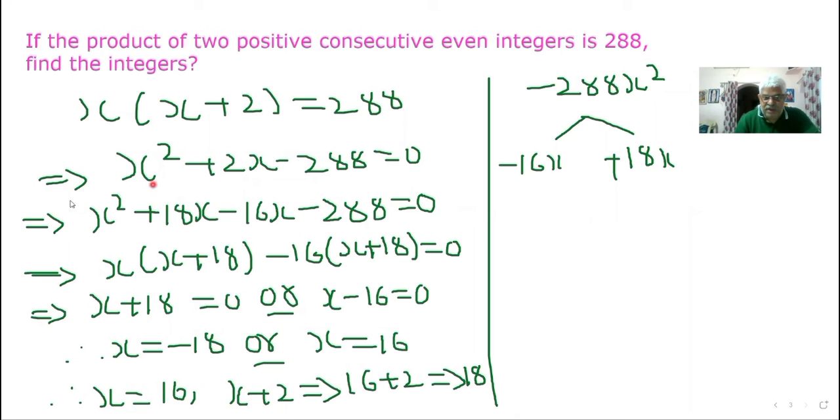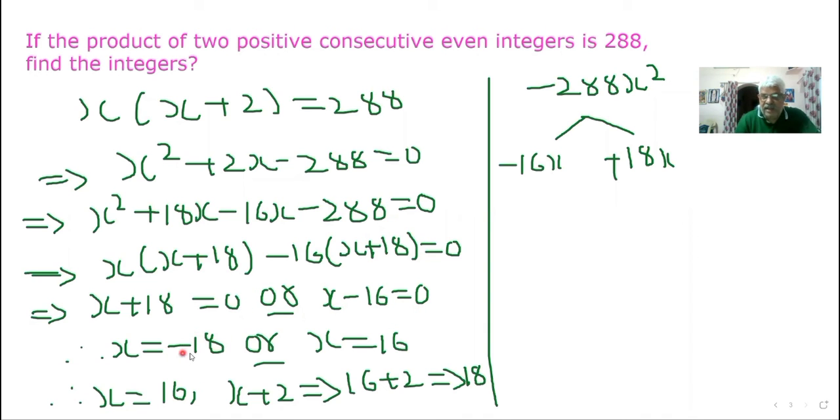First group common factor is x, remaining is x plus 18. Second group, minus 16x minus 288, common factor is minus 16, remaining x plus 18, equal to 0. Now overall common x plus 18, remaining terms x minus 16, equals 0.